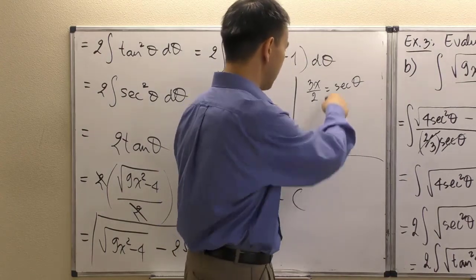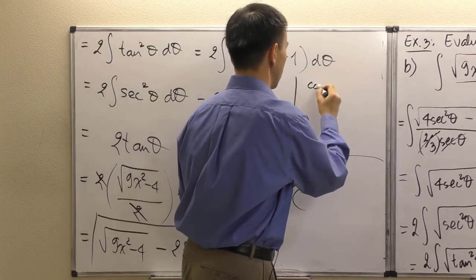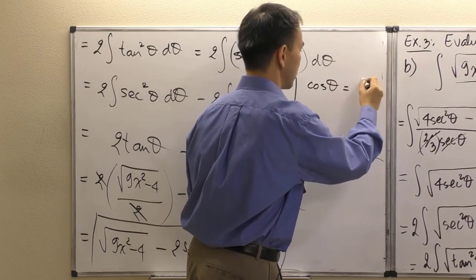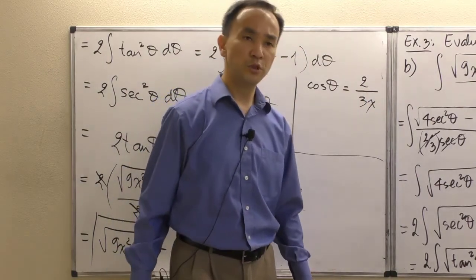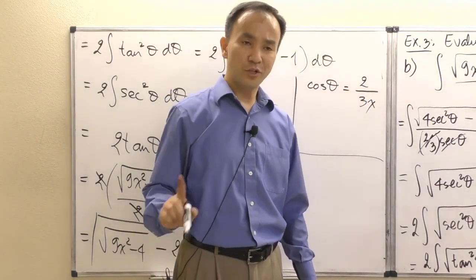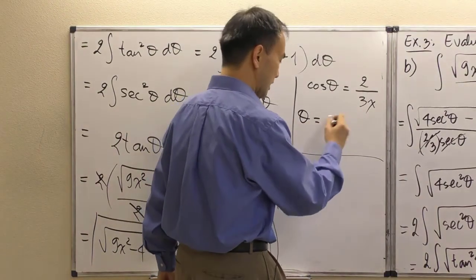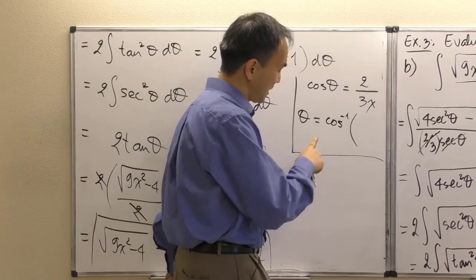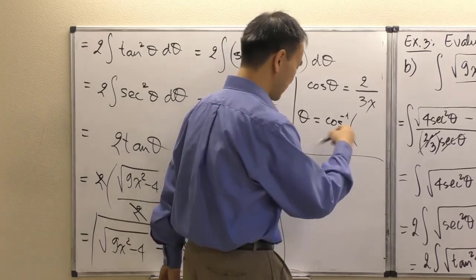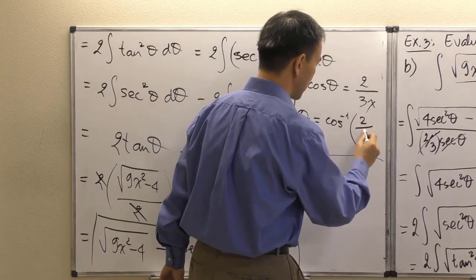So we can rewrite it as cosine of theta equal to 2 over 3x. So 2 over 3x means that theta can also be re-expressed as cosine inverse. I have better experience with the cosine inverse. So now theta can also be expressed as cosine inverse of 2 over 3x.